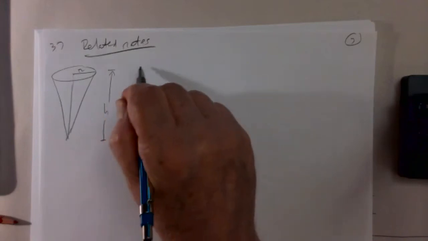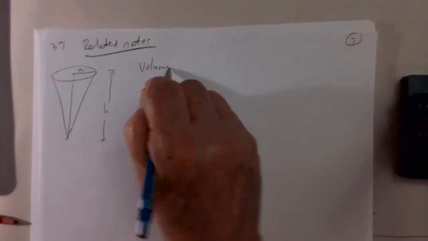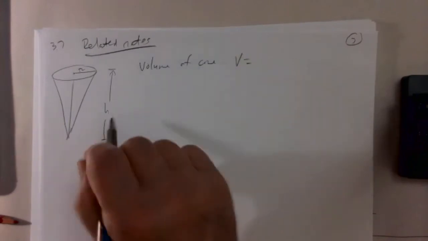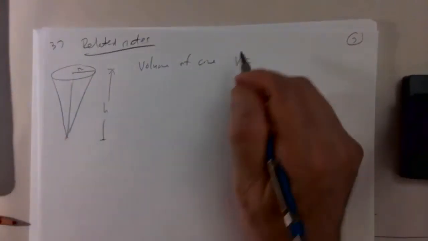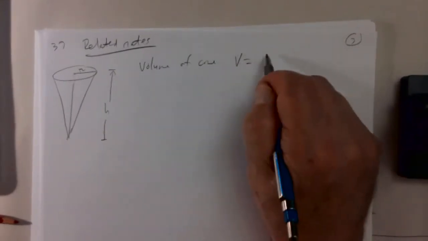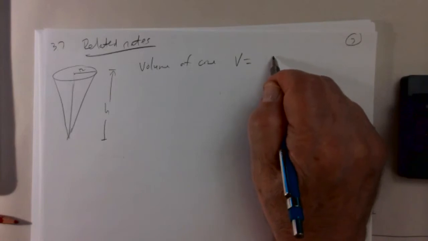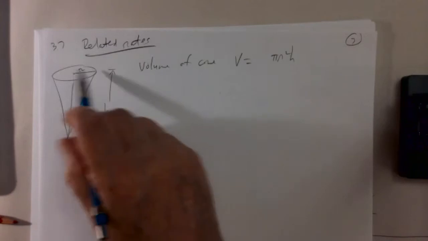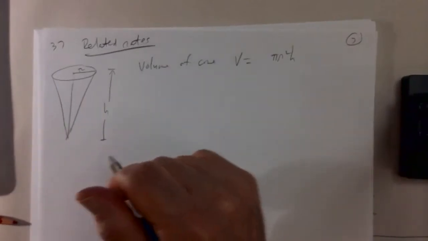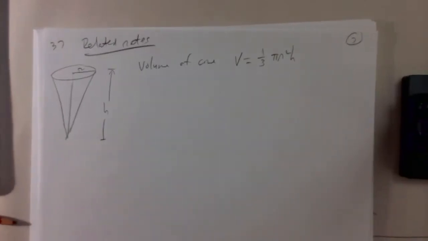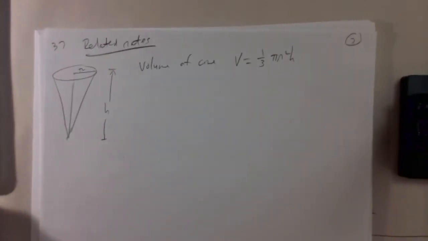And the formula for the volume of a cone, V: if this were a cylinder and not a cone, the volume would be the cross-sectional area, which is the area of a circle of radius r, pi r squared, times the height. A cone is always 1/3 the volume of the cylinder. So this is a formula for the volume of a cone.